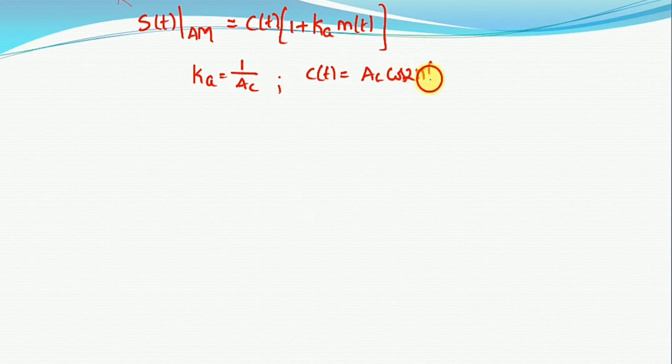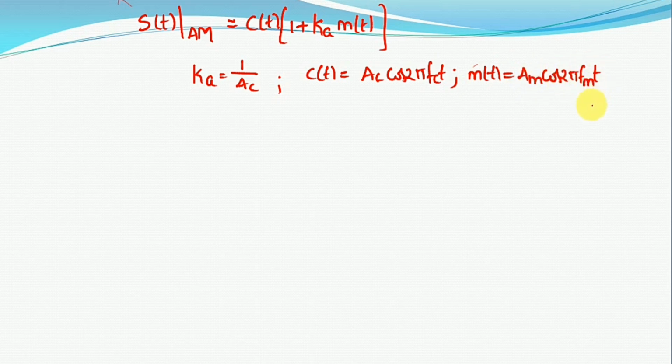We have to remember this equation, where Ka is the amplitude sensitivity and its value is 1 by Ac, and c of t and m of t I am assuming as cosinusoidal signals. So I can write c of t as Ac cos 2 pi fc t and m of t as Am cos 2 pi fm t.